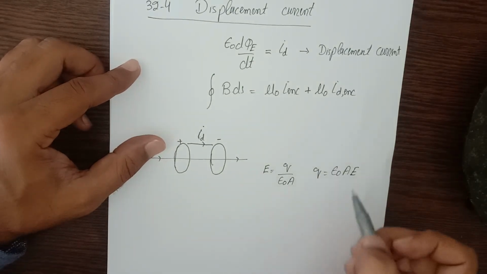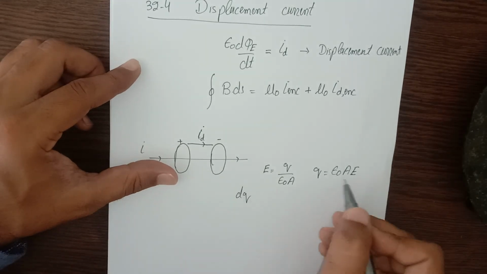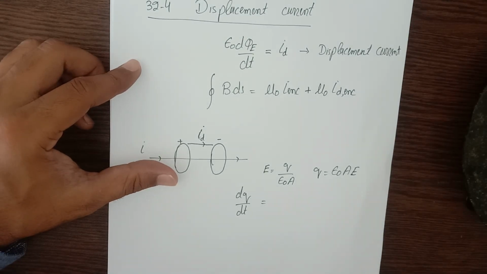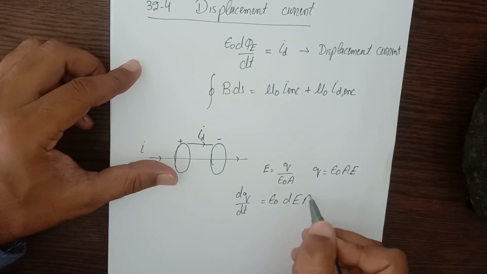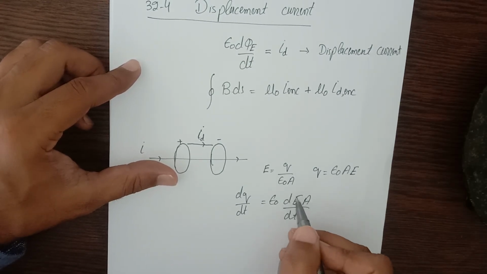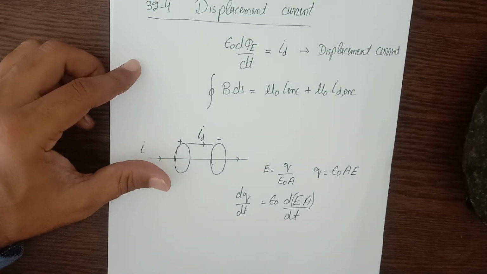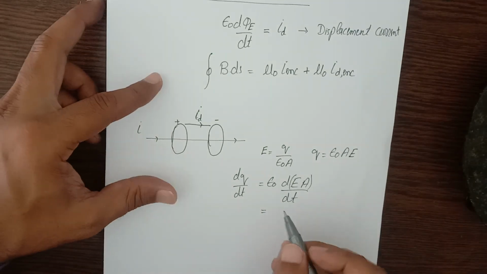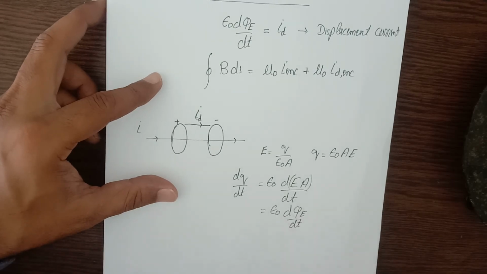Now to find the current, I would take the derivative on both sides of this equation. dq by dt would be epsilon naught d(EA) by dt, and this EA is my electric flux. So this would be epsilon naught d phi E by dt.